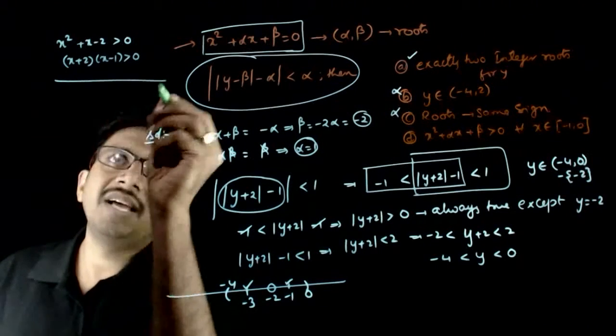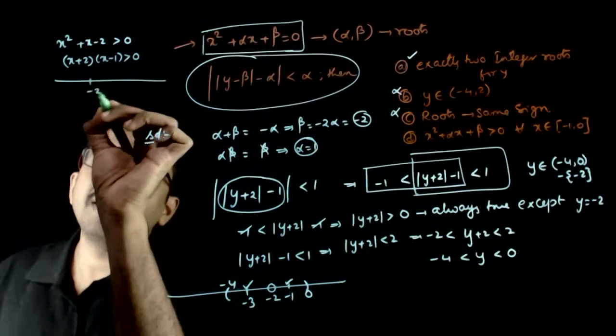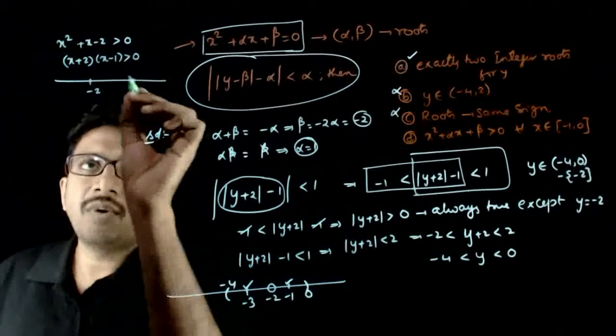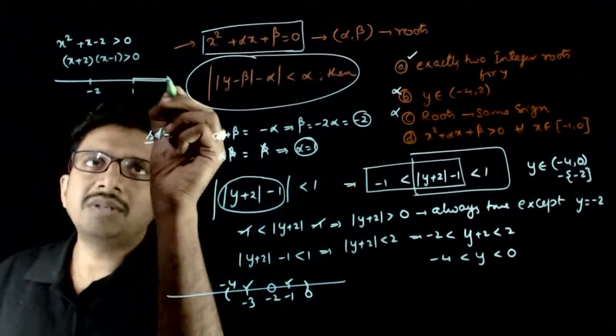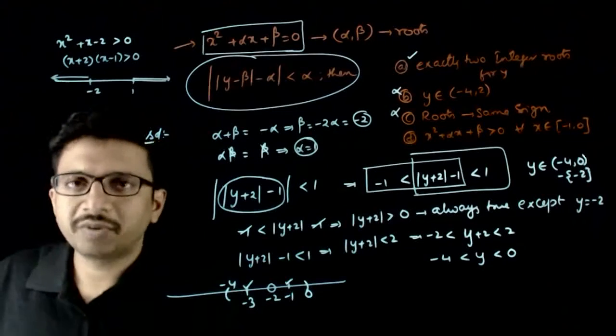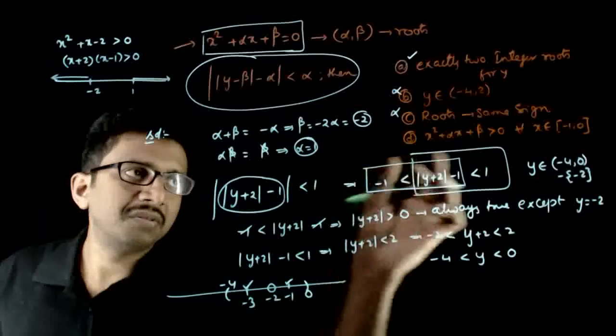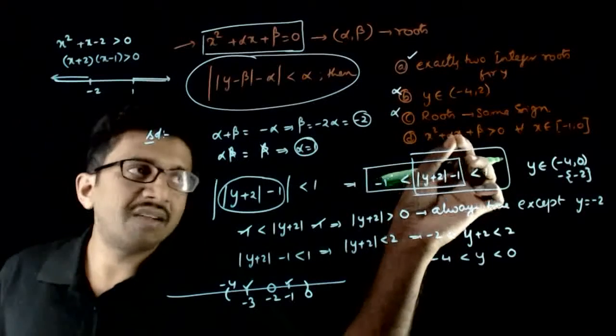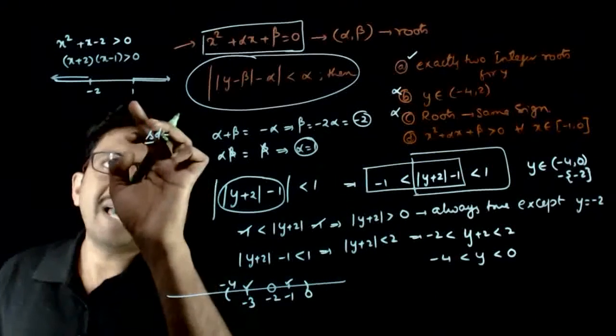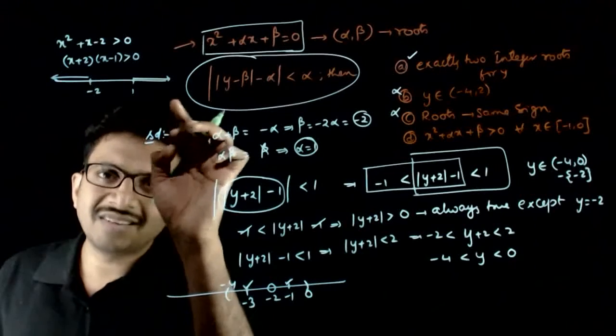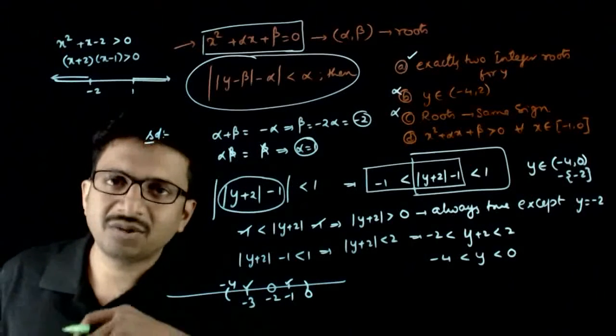If you take the real number line, the roots are minus 2 and 1, so I want my solution to be outside 1 and minus 2. So x has to lie outside, that is x is greater than 1 or x is less than minus 2.